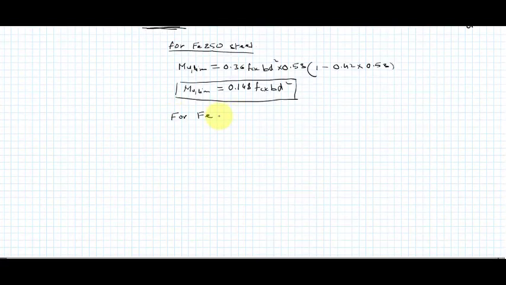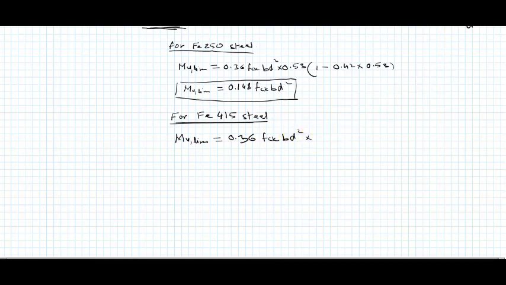Similarly, for Fe415 steel, Mu lim equals, again we are going to substitute in this formula, 0.36 fck b d square into, what is xu max by d for Fe415 steel?